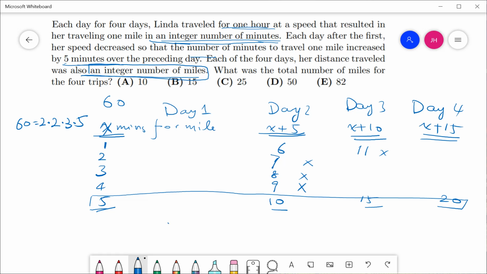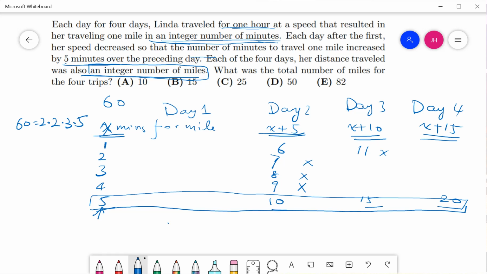The minutes it requires to travel a mile on the first day has got to be 5. And then the second day it's 10 minutes per mile. And the third day 15 minutes. And the fourth day 20 minutes to travel a mile. Now let's calculate how many miles she traveled on each day. Then for 5, on the first day, 5 minutes for a mile.